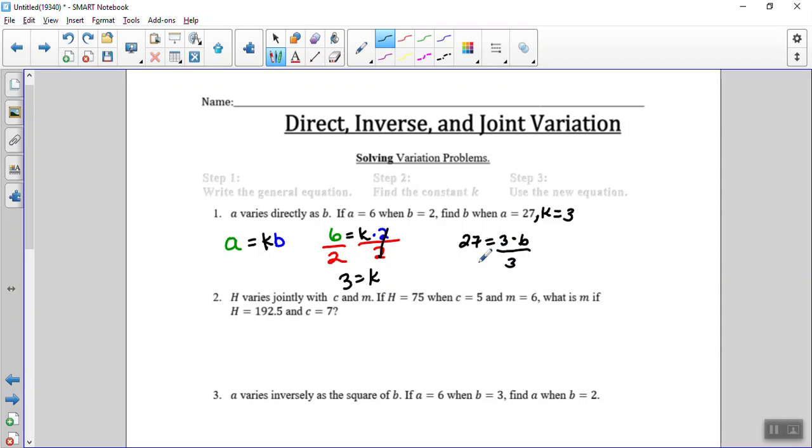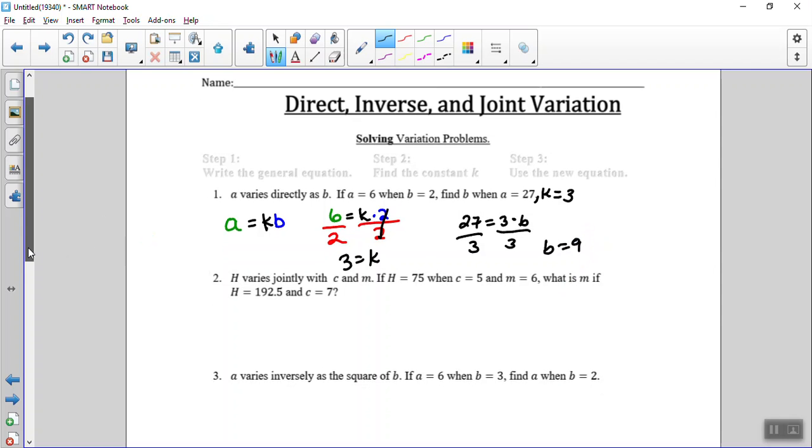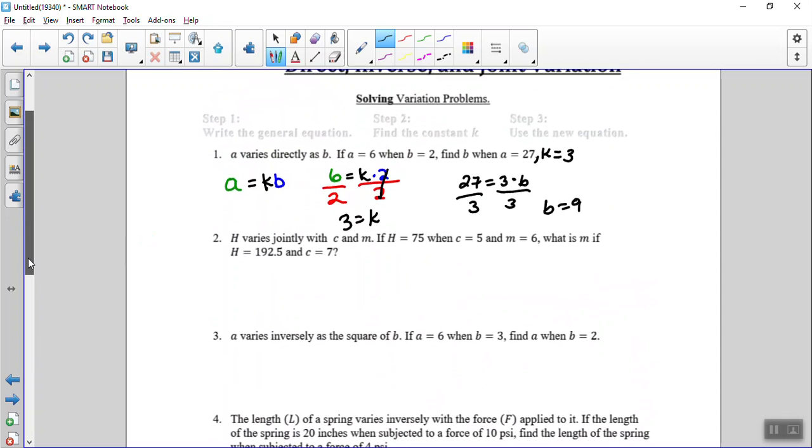So we're just going to divide both sides by 3. So you have B equals 27 divided by 3, which is 9. Okay? And then let me go through a few more examples.